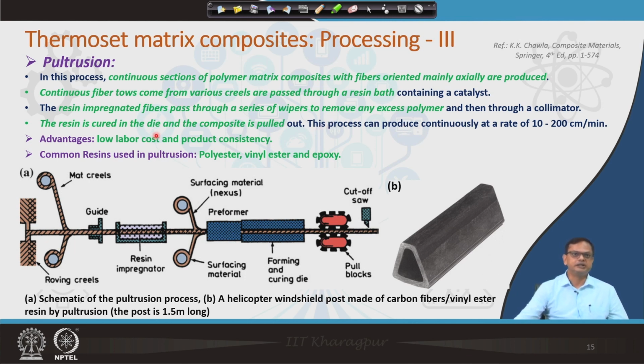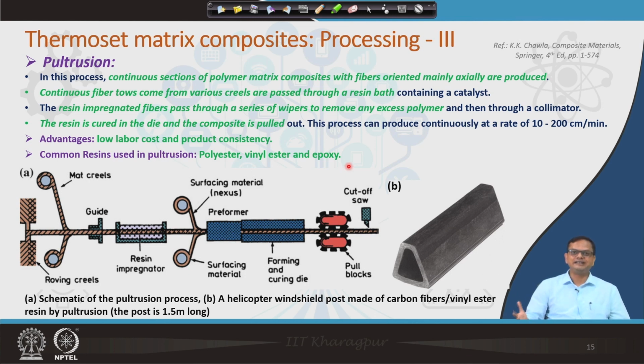The resin is cured in the die and the composite is pulled out. So, in the die the resin gets cured, and then the composite material gets pulled out from the die, and that is how you get these sections. Obviously, in all cases the labor cost is low and the product is consistent, and common resins are polyester, vinyl ester, epoxy and others. So, this is the basic process of pultrusion.